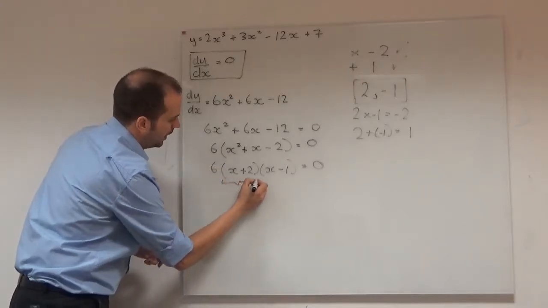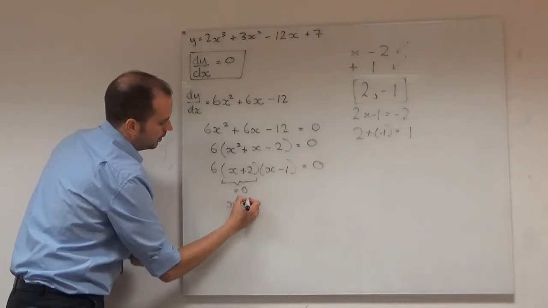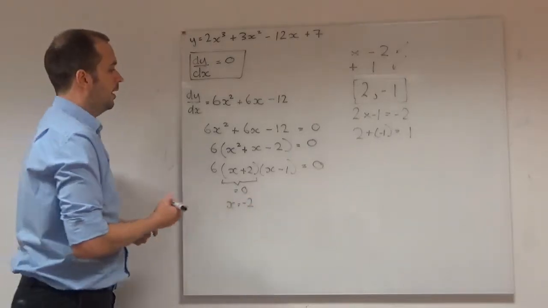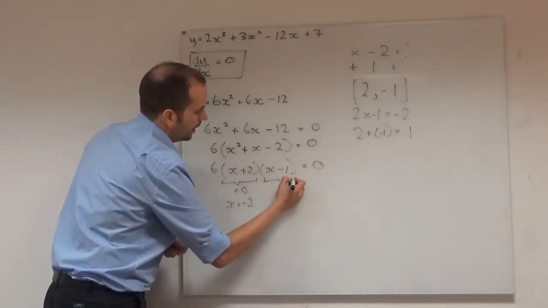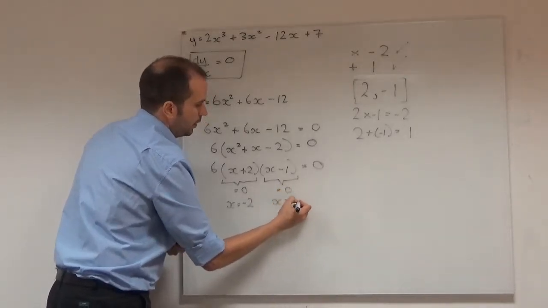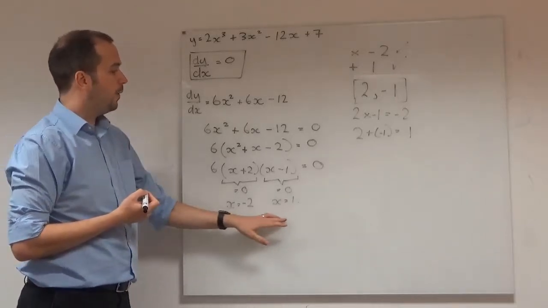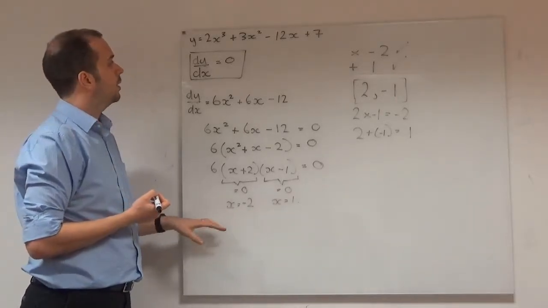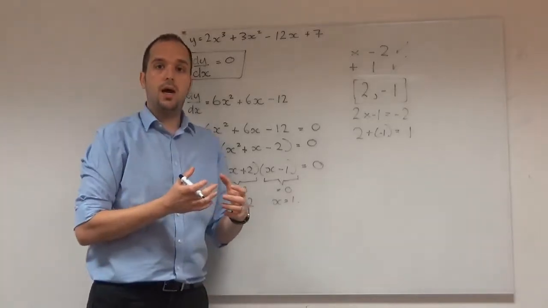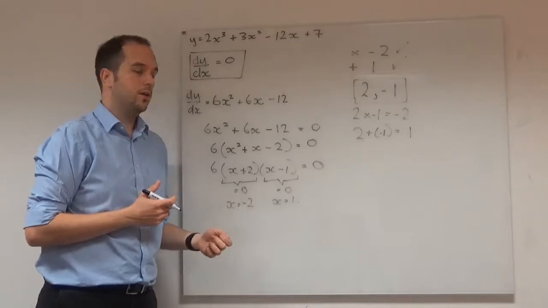It's when this bracket here is equal to 0, which is when x is minus 2. And it is when this bracket is equal to 0, which is when x is equal to 1. So what we found are our 2 x values of our stationary points, but your stationary points are a coordinate, so you also need the corresponding y value.